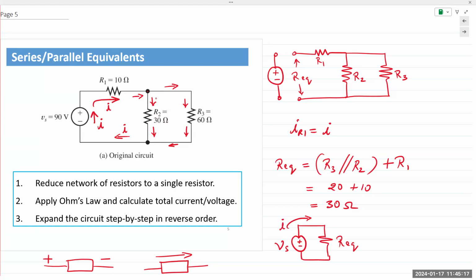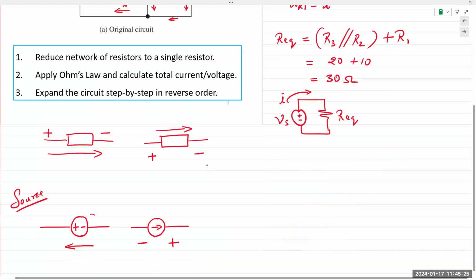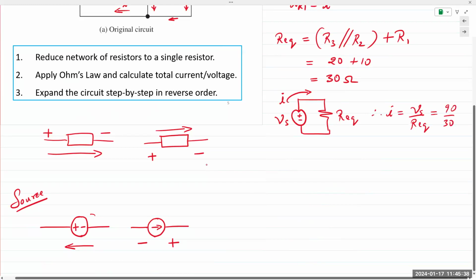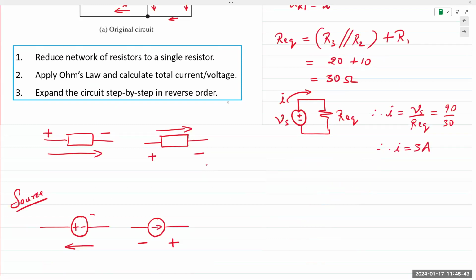V equals IR, and I can determine the value of I. I is equal to Vs divided by REQ, 90 divided by 30. I is equal to 3 amps. Let's take a 10-second pause and let that sink in.